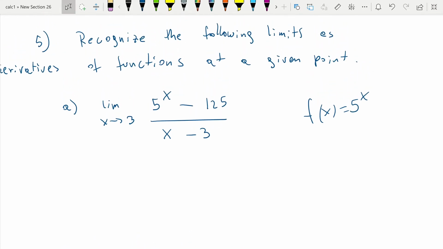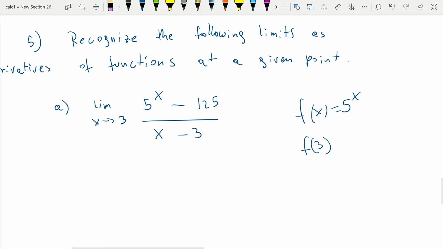Okay, but here the function should be equal to 5 to the x. So this better be f of 3. Remember that here we're using the first expression for the derivative, and so we're subtracting f of 3 from f of x, where the point 3 you already know because of that. And what is f of 3? f of 3 should be 5 to the 3.